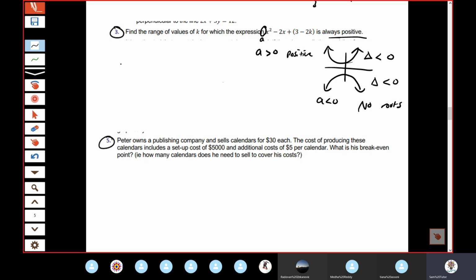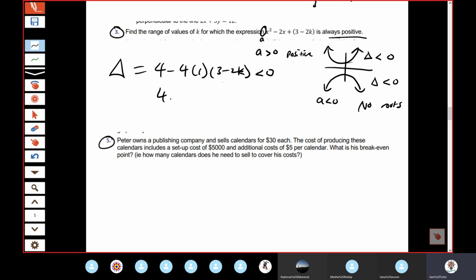So let's do that now. Now that we can accept that the discriminant equals b squared minus 4 times a times c, and that has to always be less than 0 for it to be positive or negative, always.